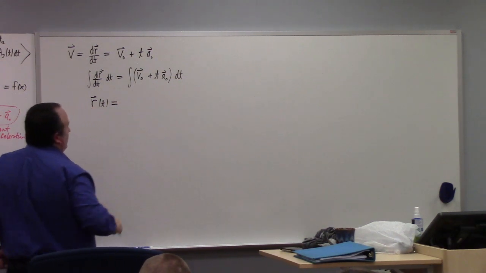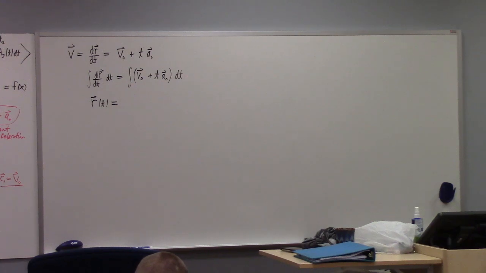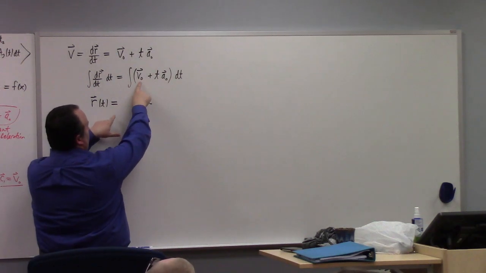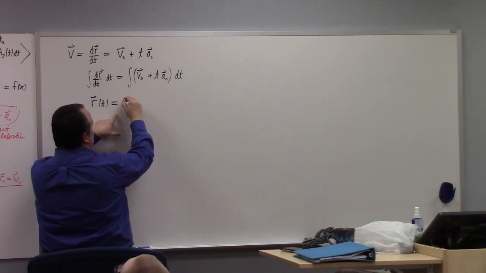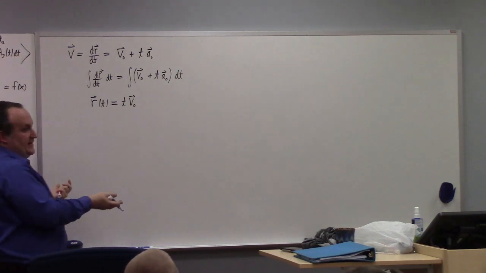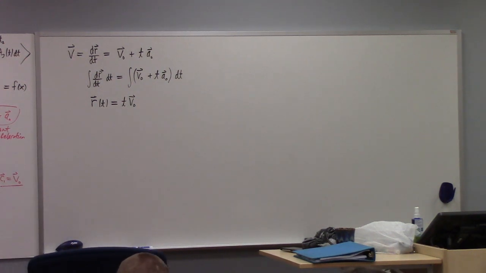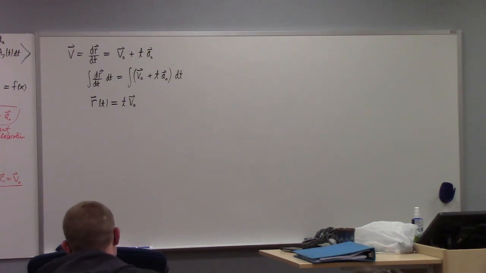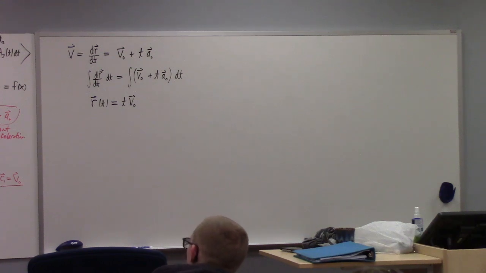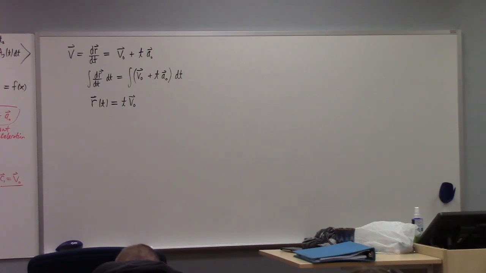What's the integral of v naught plus t a naught? First of all, the integral of v naught is just t times v naught. Why is that? If you differentiate t times v naught, you just get back v naught, that constant vector.